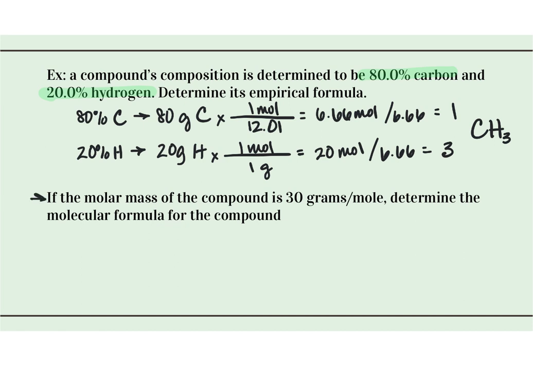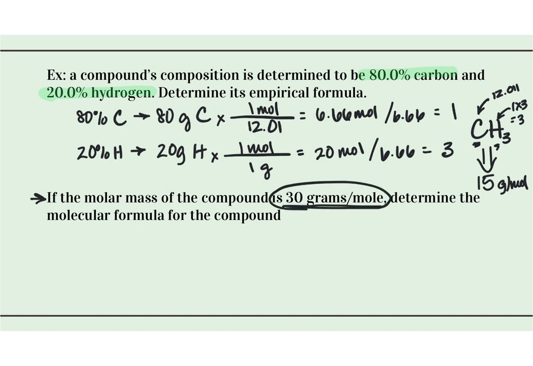They're telling me in the next portion that the molar mass of this compound is 30 grams per mole. But if I look at CH3 and I add up the carbon and the 3 hydrogens, I know that carbon has a mass of 12.011. I know hydrogen has a mass of 1, but there are 3 of them, which equals 3. So this mass is 15 grams per mole. They're telling me the actual compound is 30 grams per mole, so that doesn't match.